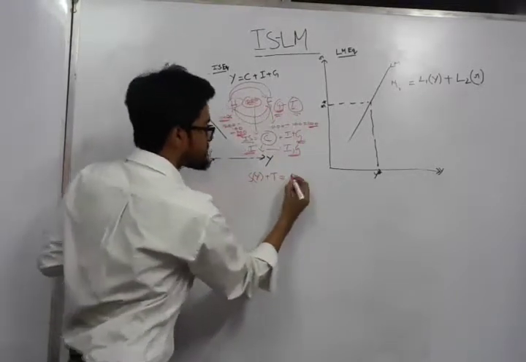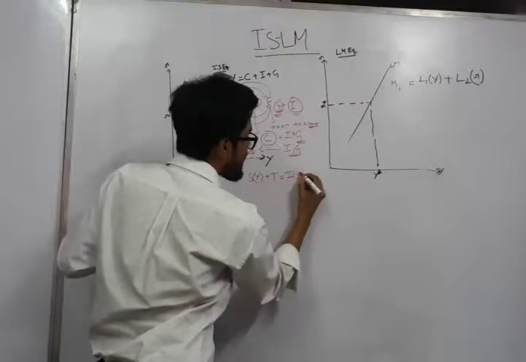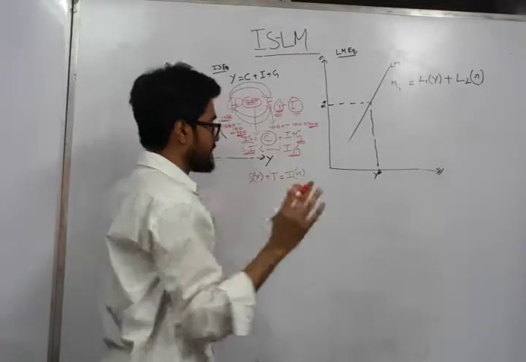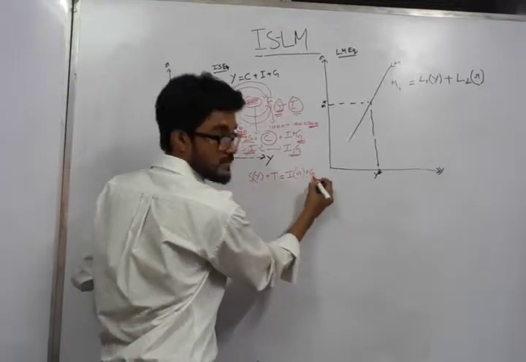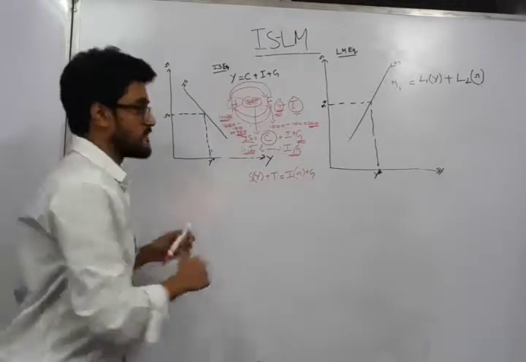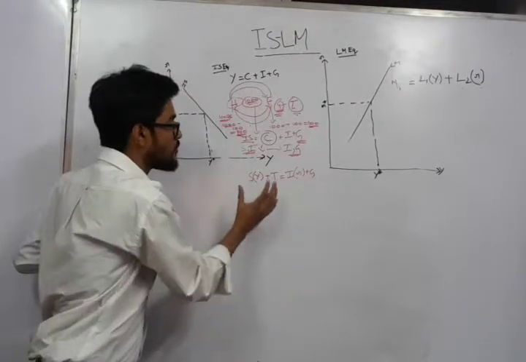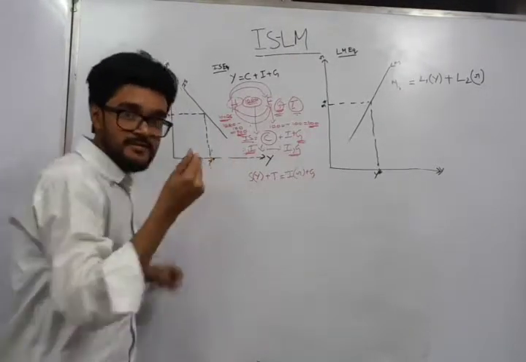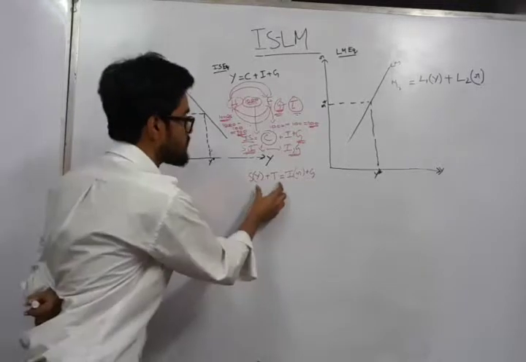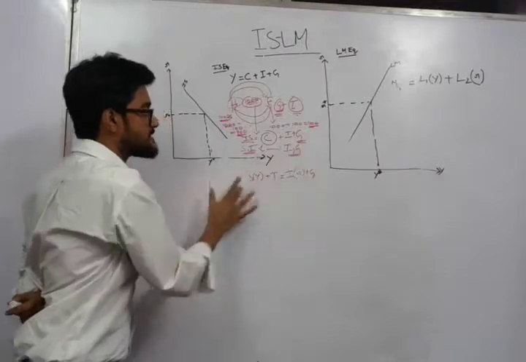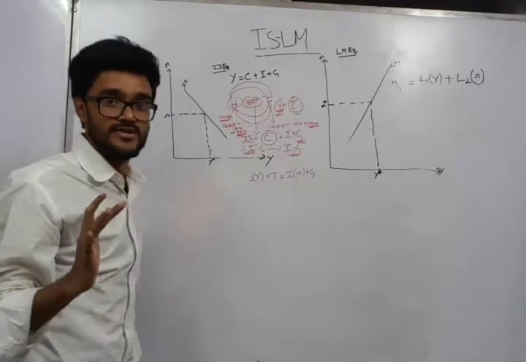And on the right hand side, we'll write I(R), investment depends on the interest rate R. How? We'll explain it in a minute. And G. Now what is G? G is basically injection. So the leakage which is taking place in the income has to be made up by injection of income. So we call this the IS equation.